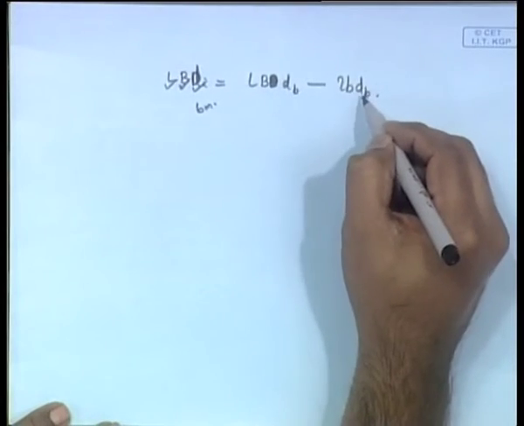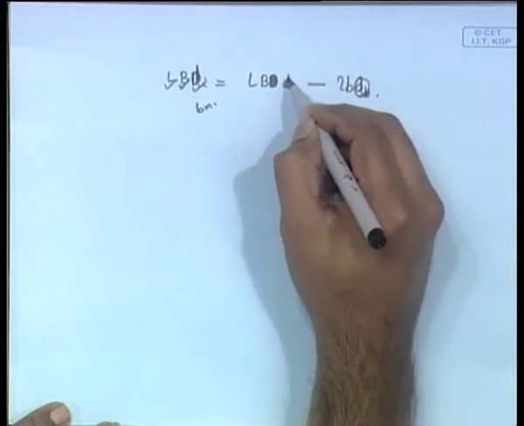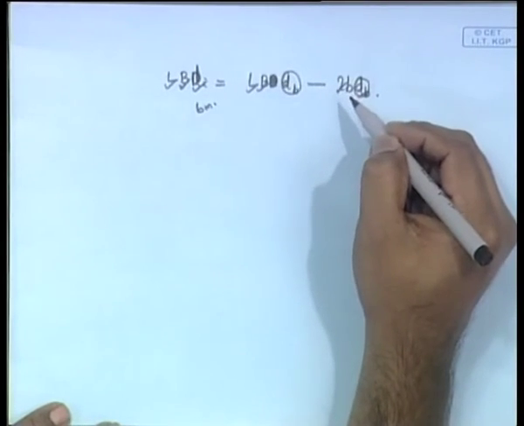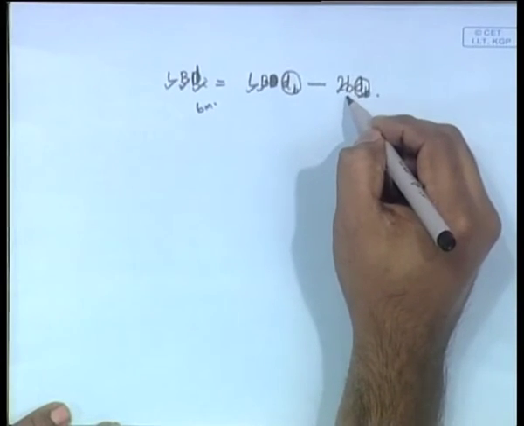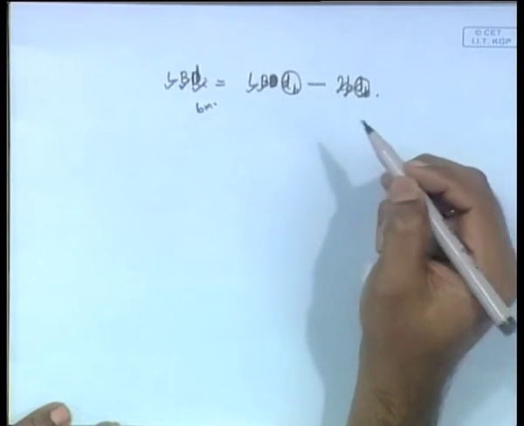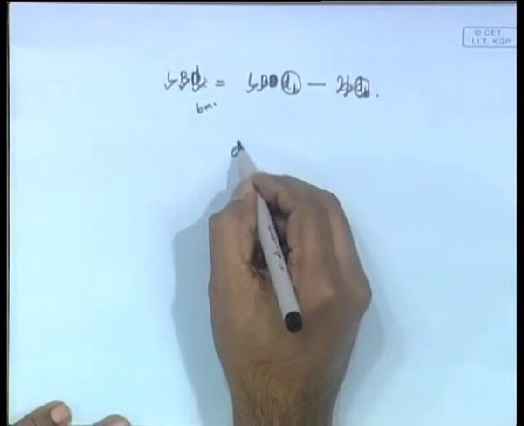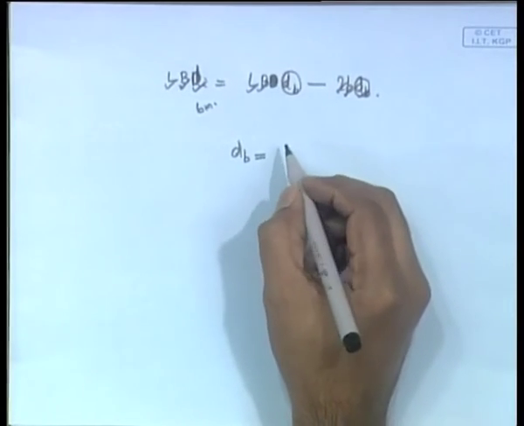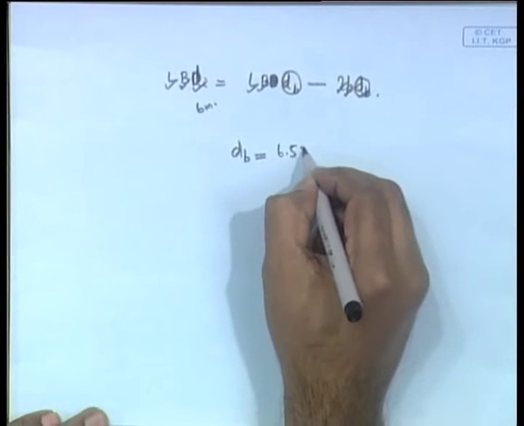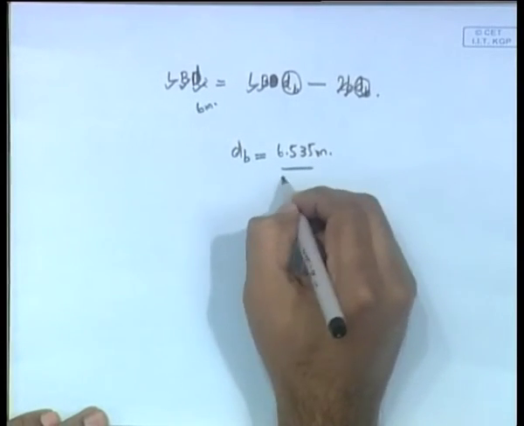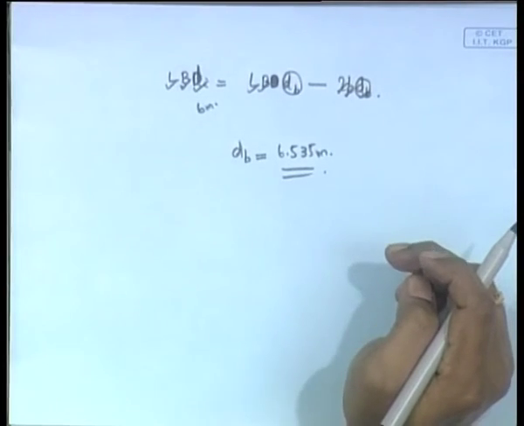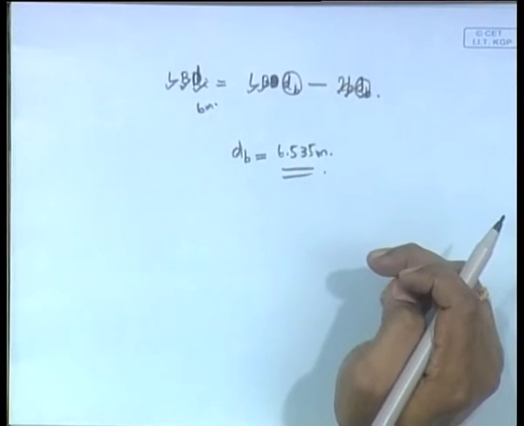Now dB we do not know. You are told that 9 meters is bilged and the whole breadth is bilged, so B is also the whole breadth. So it is a very straightforward problem. dB comes to 6.535 meters. This gives you the final draft of the vessel. The initial draft was 6 meters, and it increased to 6.535 meters.